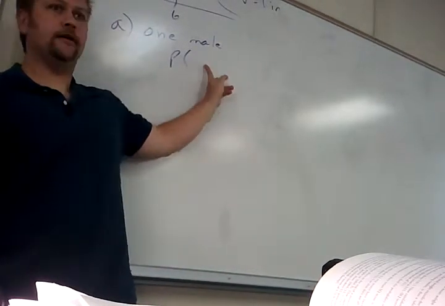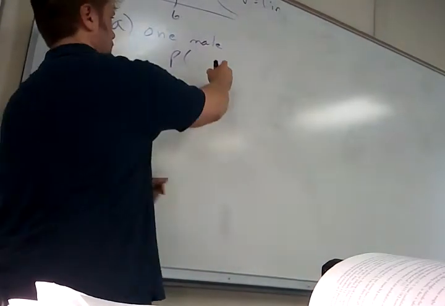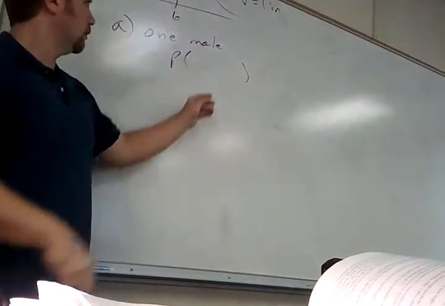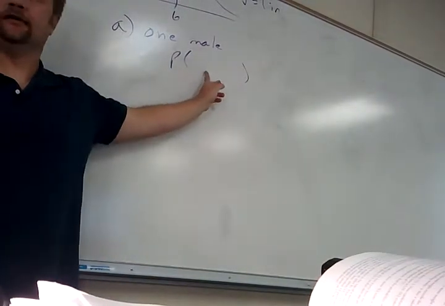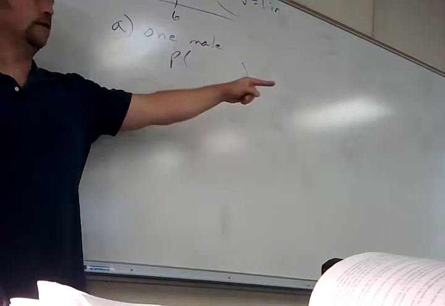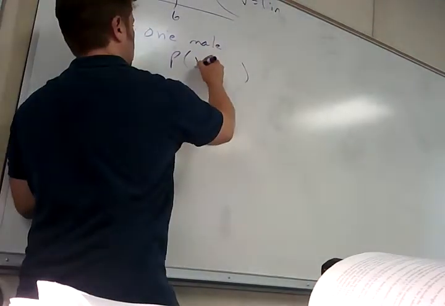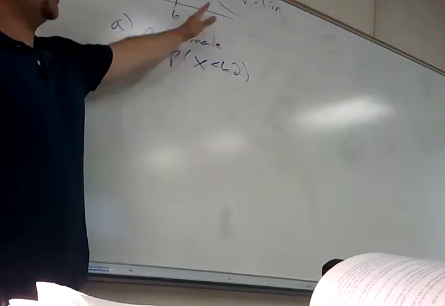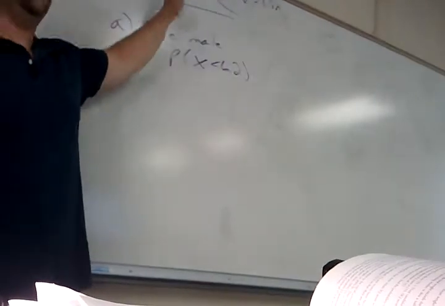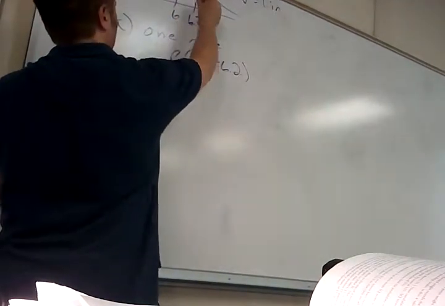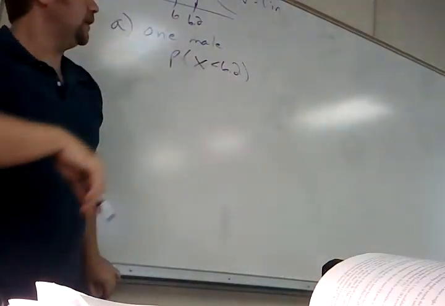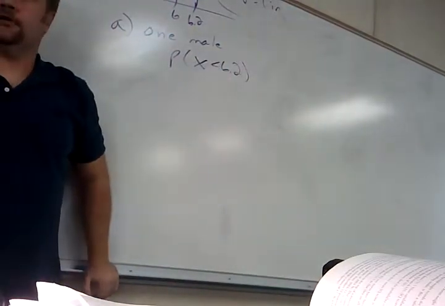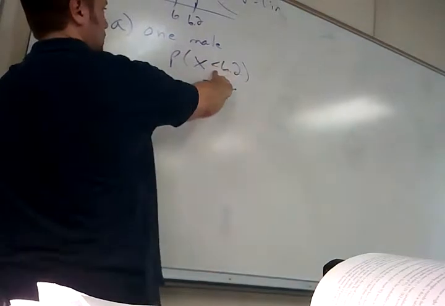So how do I write that down in math? How do I translate that from English to math? What would that look like? I love it. X is less than 6.2. So in the picture, where's 6.2? I love it. So it's going to be about right there, maybe. In which way do I need to shade for this problem? Good. Below it, right? Less than.